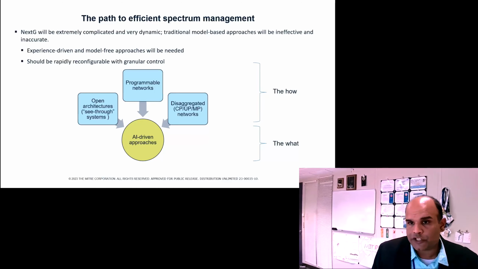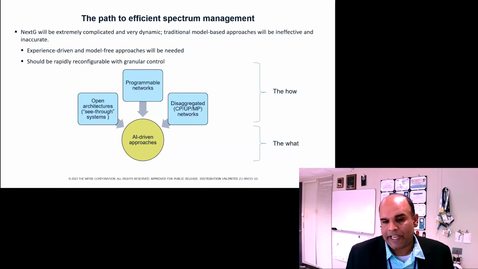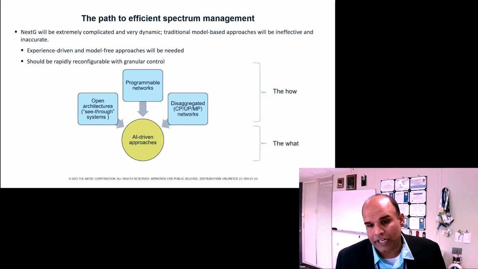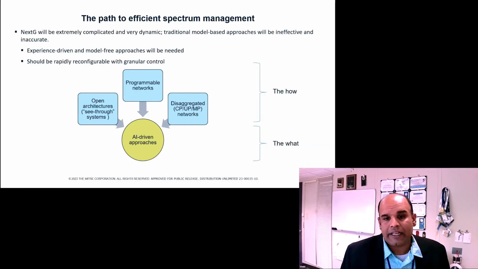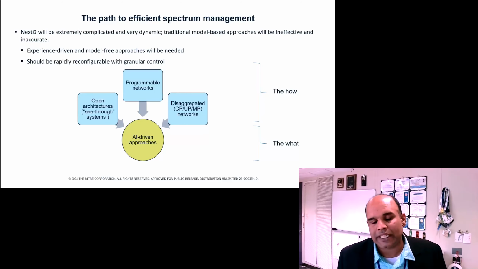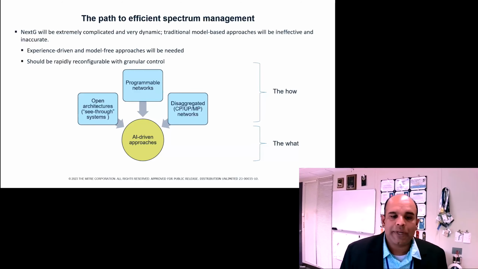So the what should be provided by experiential networking as well as data-driven networking, which is a component of the RIC, and the how part will be provided by the open interfaces and so on. So all the programmable networks, disaggregated networks, and so on. So that should be the main way by which we can get to this.